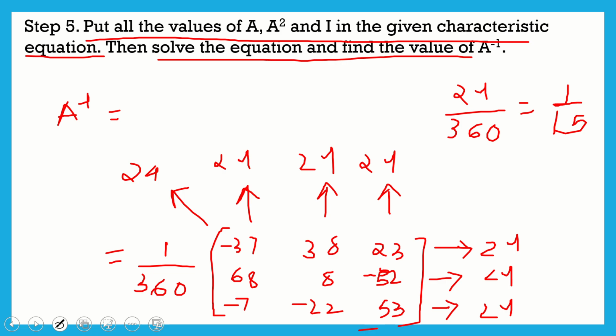Don't forget this 1 upon 360 we have written here. Actually this is the partial answer, the half answer, 24, but the actual answer you will get is 1 upon 15. So you see this is also a magic square.